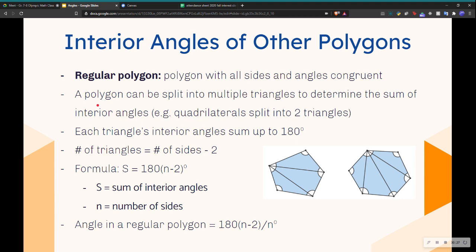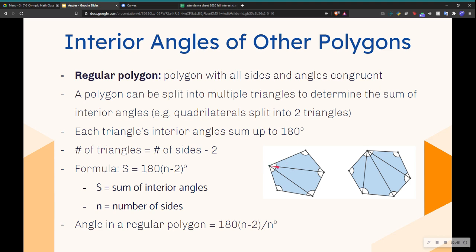So basically, a polygon can be split into multiple triangles to determine the sum of its interior angles. For example, with quadrilaterals, you can split them into two triangles if you just split by a diagonal. And here in the diagram, you can see some other examples. You have a pentagon, and then you have a hexagon.